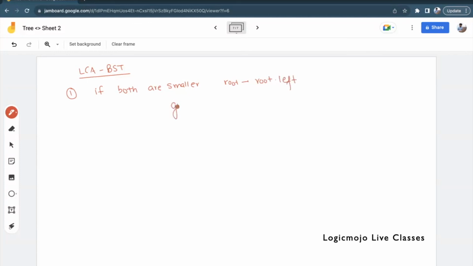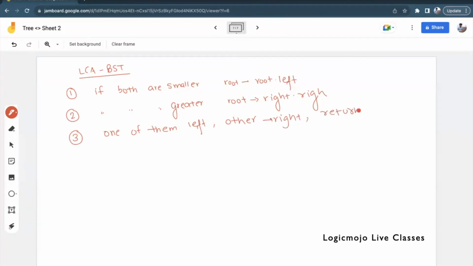Now if both are greater, then we ask root to move to the right side. Now the third possibility could be that one of them is in the left side and the other one in the right. So return the current node that we are at as the LCA of the BST. Simple, right? So let's write code for it.